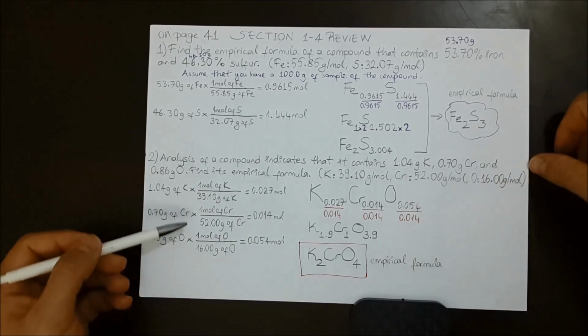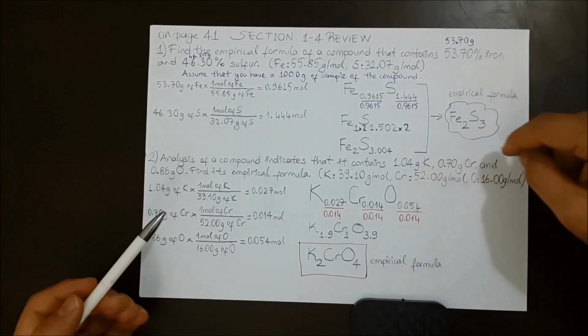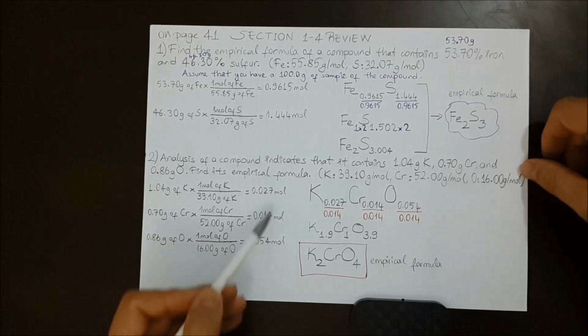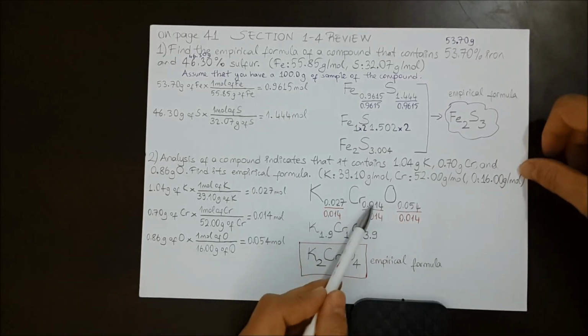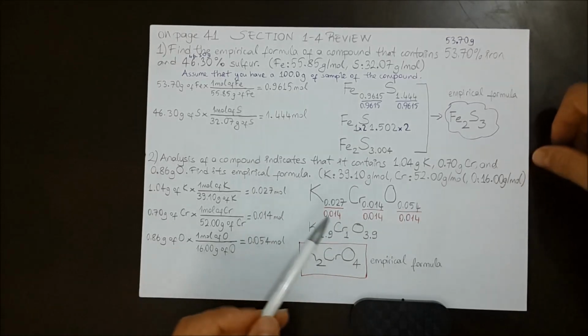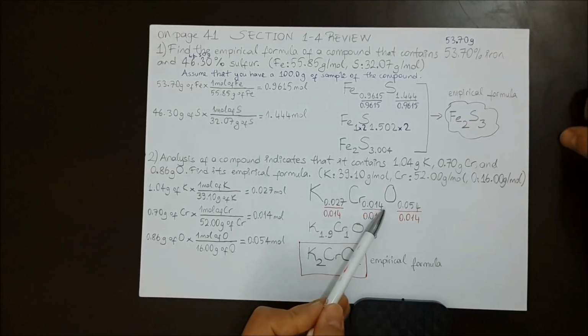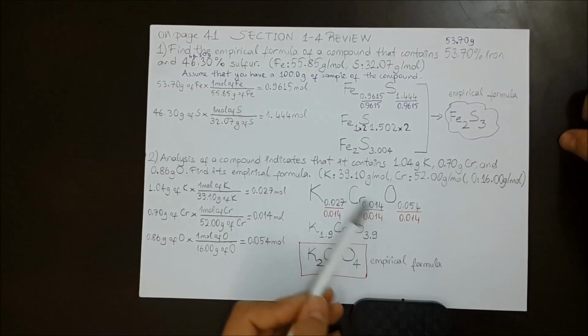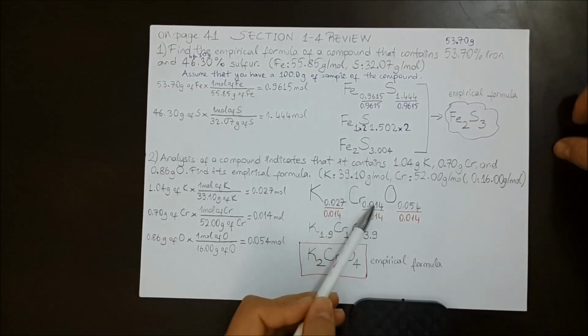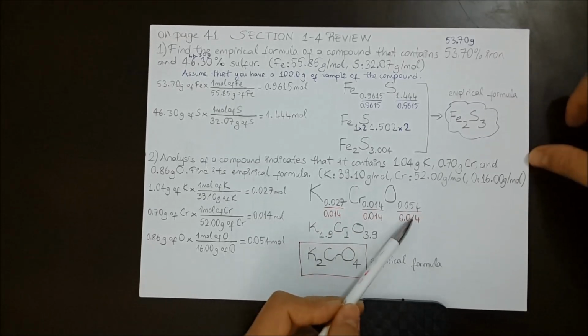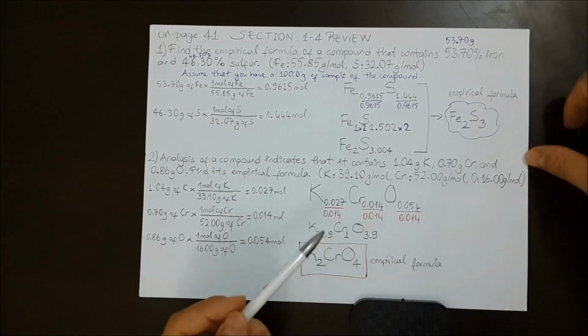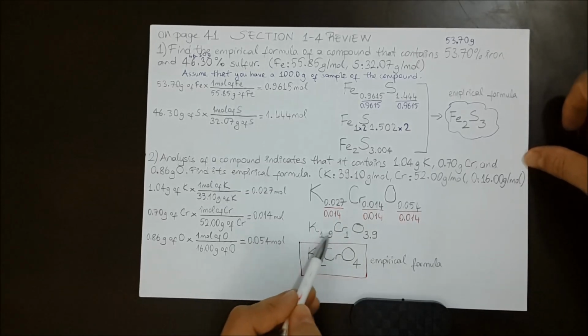Okay, after converting the masses of each element into their moles, I use their moles as their subscripts, as you see. Then I will choose the smallest subscript. Which one is the smallest subscript? 0.014. It's the subscript of chromium. I will divide each subscript by the smallest one, and then we will get some numbers. K1.9.